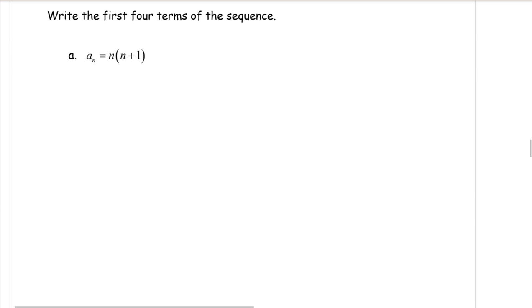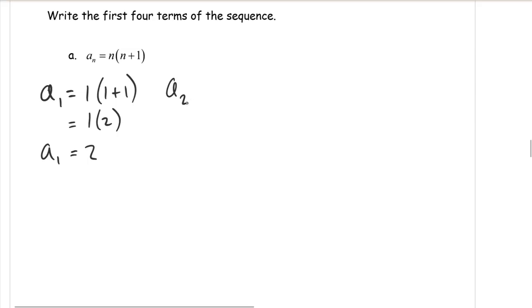Write the first 4 terms of the sequence. So a sub 1 would be 1 times 1 plus 1. So that would be 1 times 2, which would be 2. A sub 2 would be 2 times 2 plus 1, which would be 2 times 3, which would be 6.